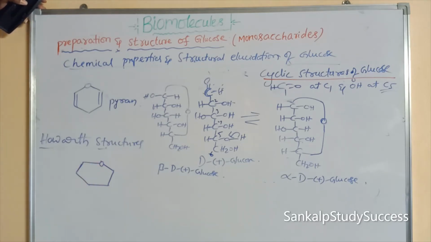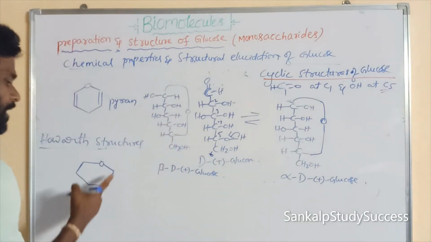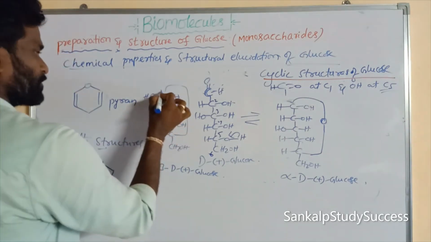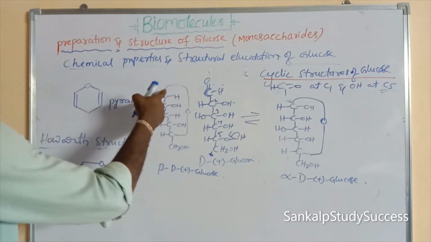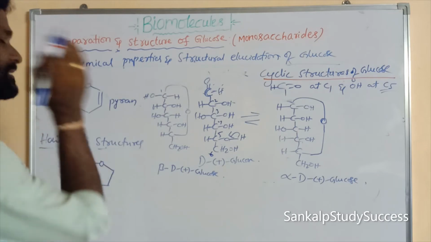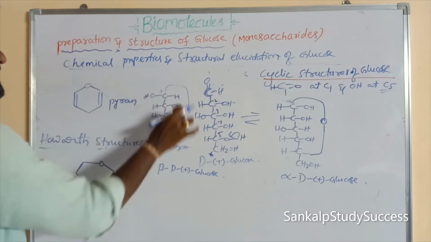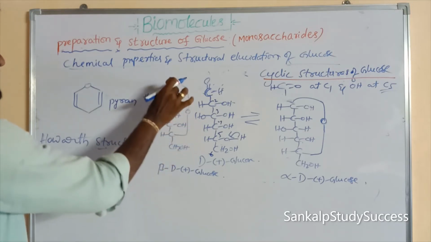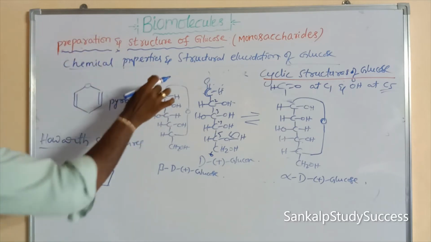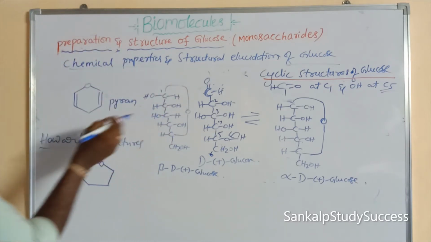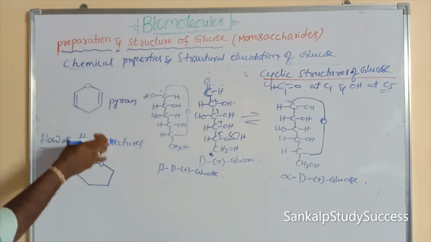Here this is O, this is the first carbon. In the cyclic structure, the right side substituents in the Fischer structure can be written below the plane in the ring structure.